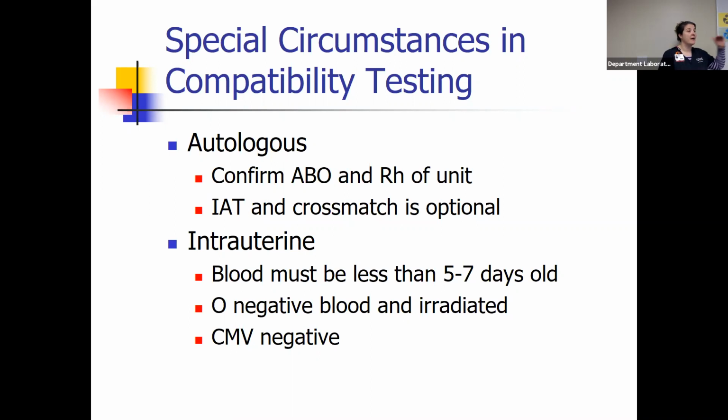I would rather receive my own blood. So that unit is only specifically for me. There are some lesser restrictions on infectious disease testing, so it can never be entered back into your regular inventory. It can go to nobody else, all right? If they decide I don't need it, that unit is actually wasted, all right? So it could potentially be a very expensive donation if it's not used.